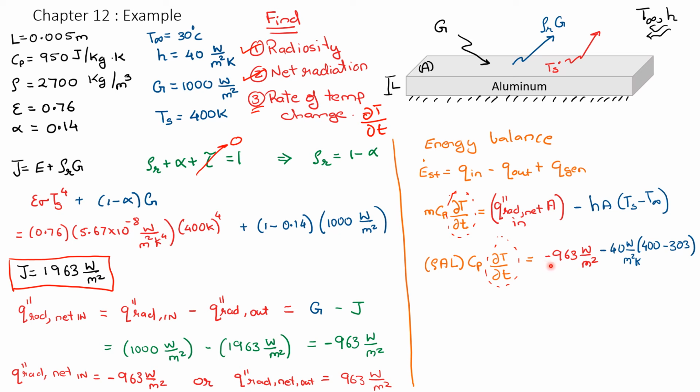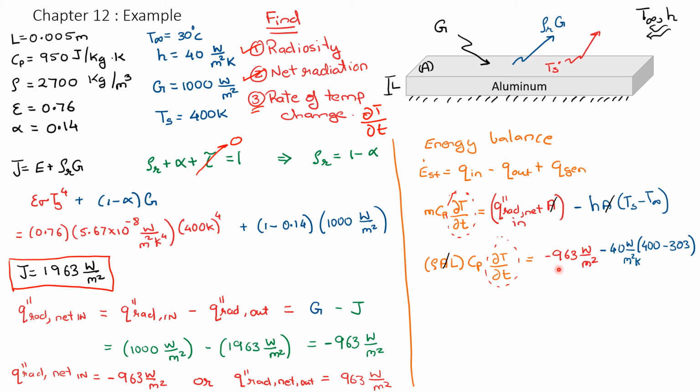So our Q radiation in will be, and before we move on to the next step, we see that we have an area term on the right hand side and the left hand side. So our areas will eventually cancel out on both sides. So we don't have to calculate the area separately.